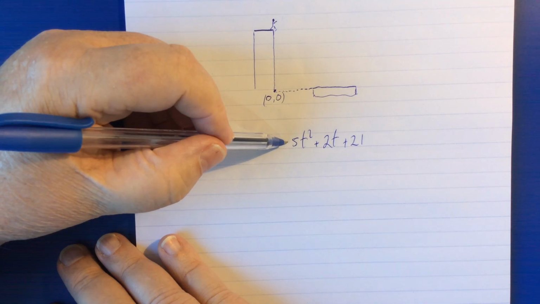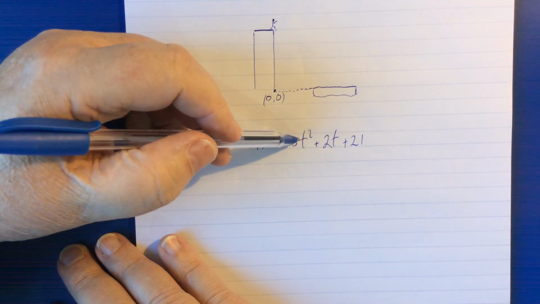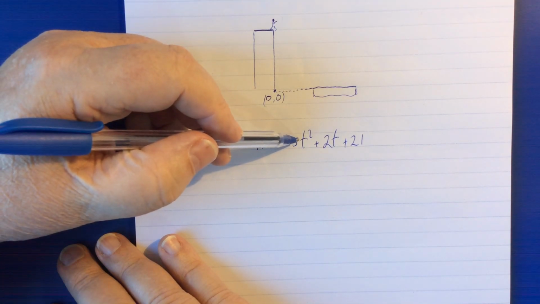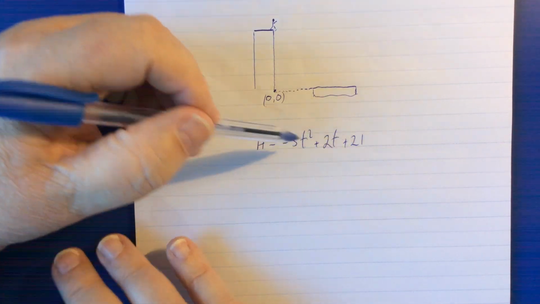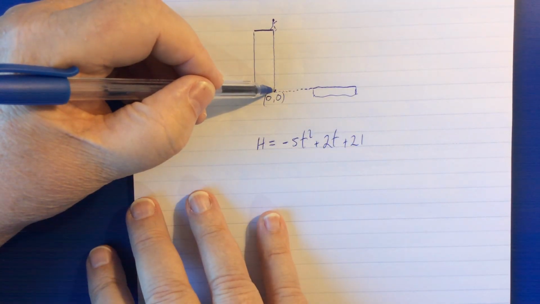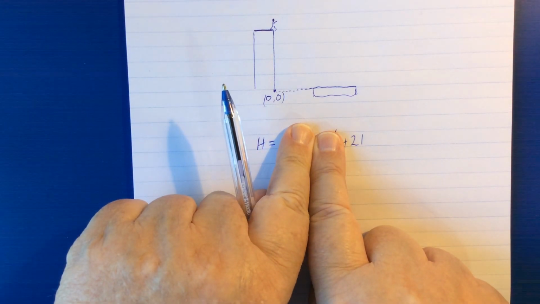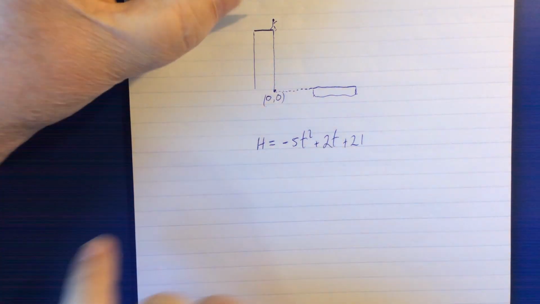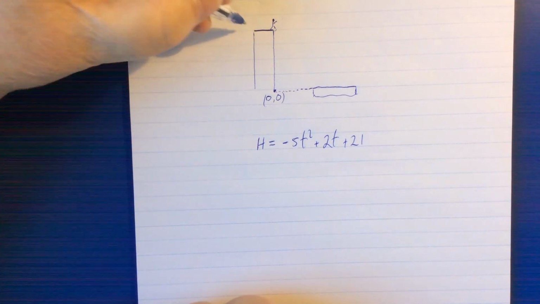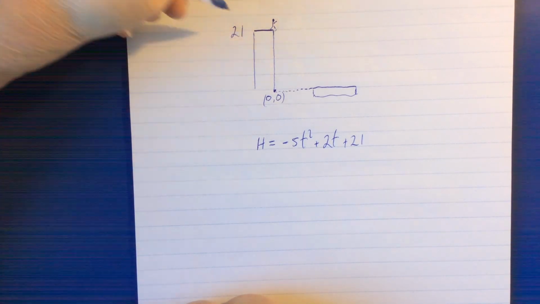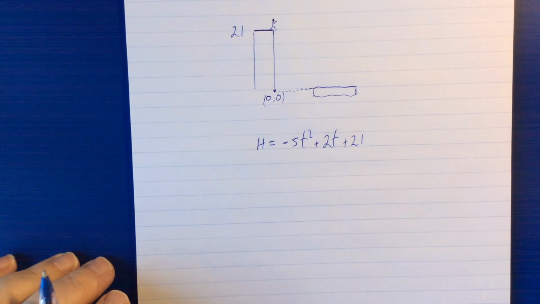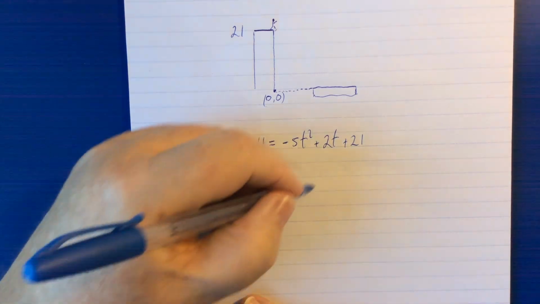And what I want to know is, first of all, what is this when time equals 0? That's pretty simple. Just put your fingers over that, and we discover that this building is 21 meters tall. So that is 21.